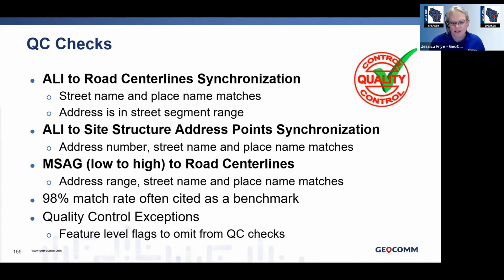And I see that there is a message in the chat. Are there any QC tools available to us that will report out how well our structure address points match the road centerline ranges? Yeah, so Jeff, I'm not sure which county you're from, but we did do quality control on all but 2 of the counties in Wisconsin.